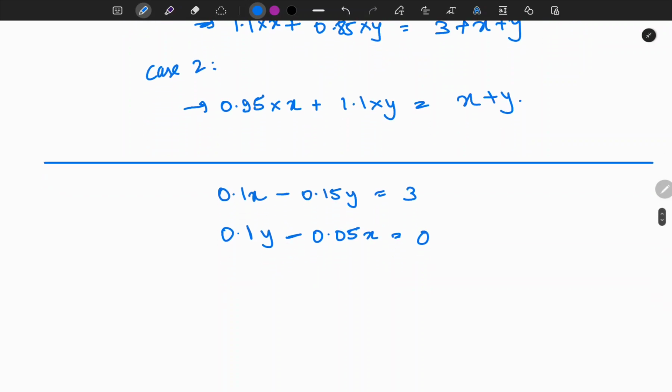Upon simplifying, we make this equal to 0.05x. We multiply this by 100 and we get 10y is equal to 5x, and that means 2y is equal to x.